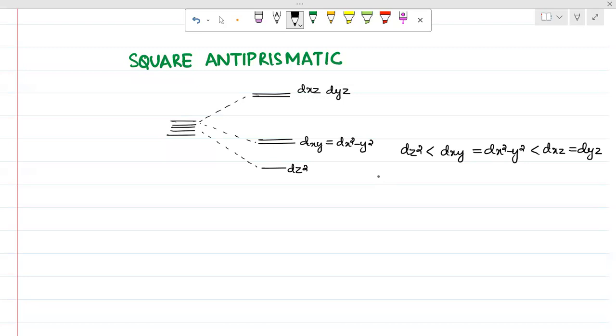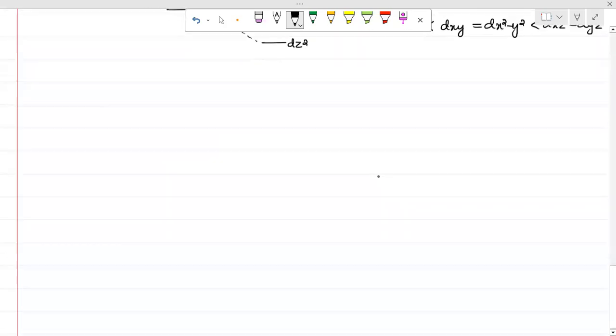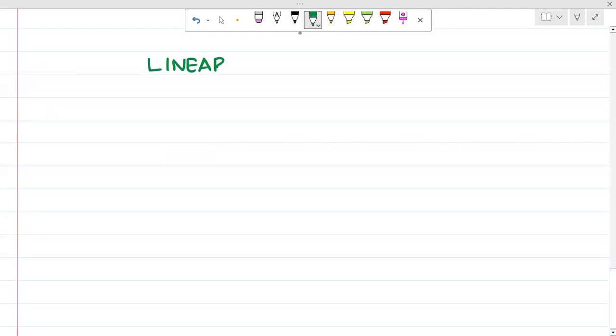Next. Linear geometry. Complexes with linear geometry. Now please note down whatever we are writing, and with time, you will be able to practice.